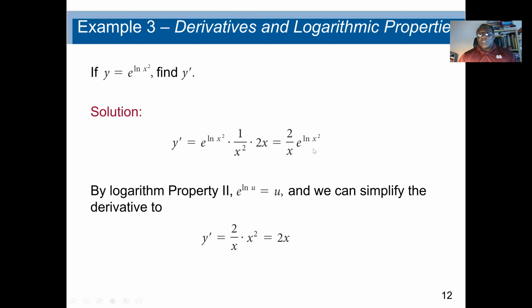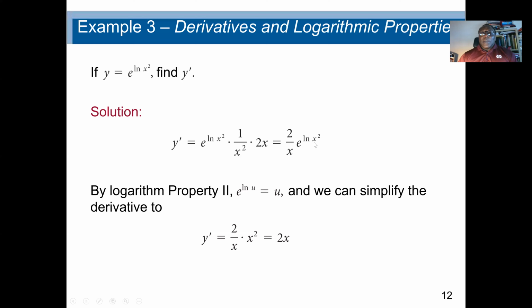What we are trying to say is, this is not the final answer, but this is a correct answer. We know the log property that if I have e raised to the power natural log base e, they will cancel, so it will be left with x squared. So everything here gives me x squared, and the final answer will be 2x.